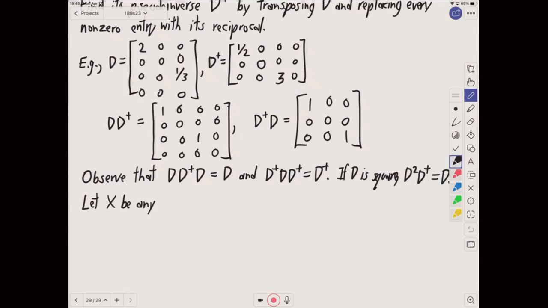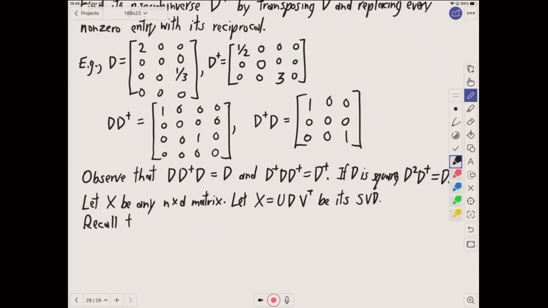We can use the SVD to extend this to all matrices. So now let X be an n by d matrix, but it doesn't have to be diagonal. Let its singular value decomposition be U times D times V transpose, where D is a diagonal matrix.